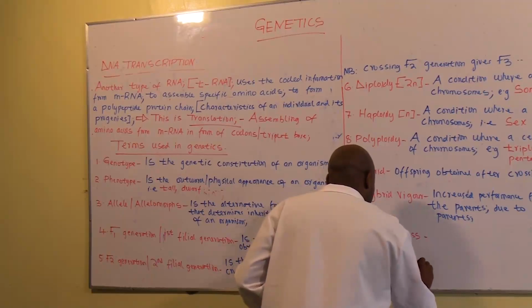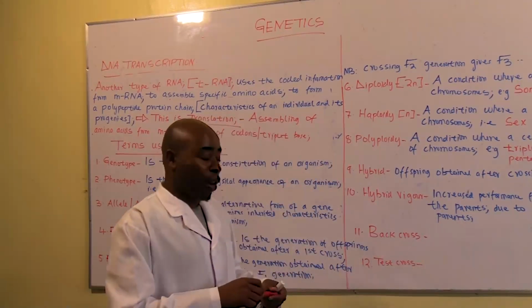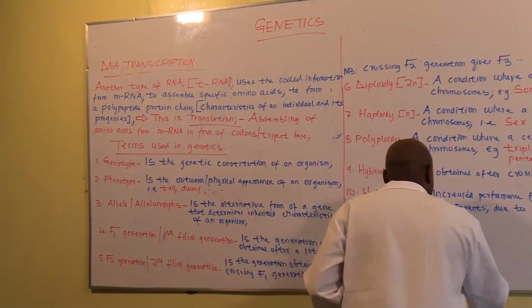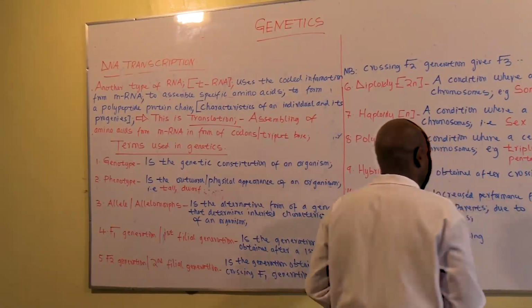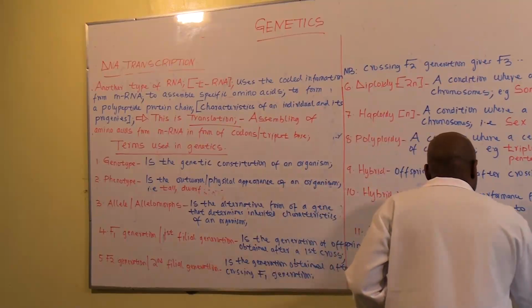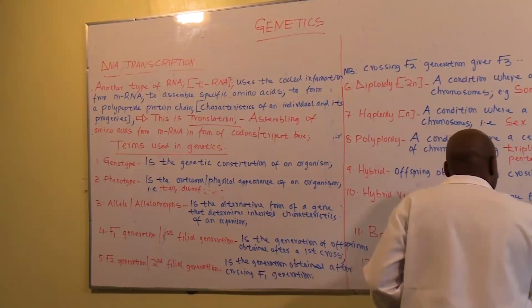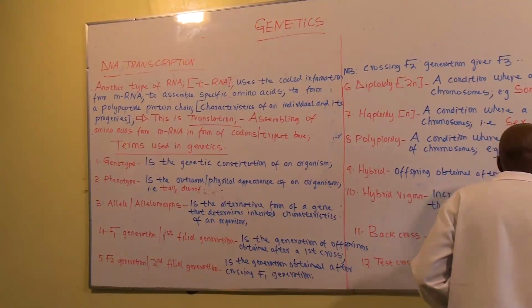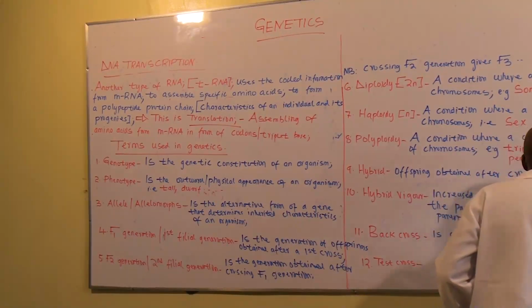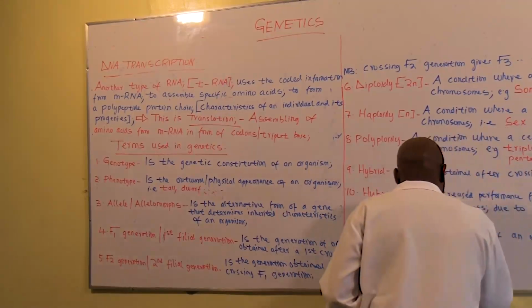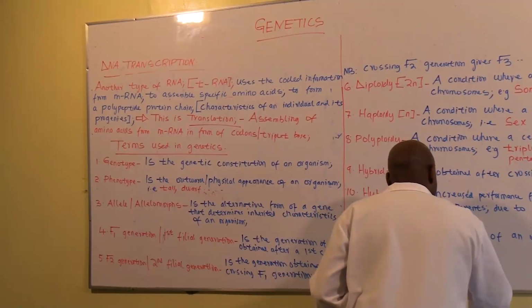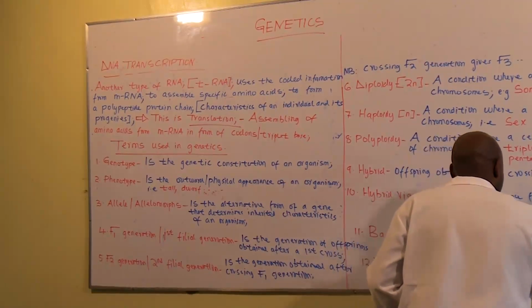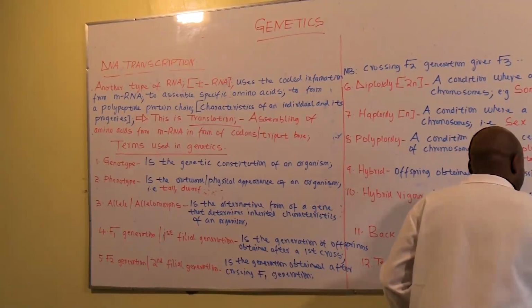So back cross is the crossing of an offspring with one of the parents to determine unknown genotypes.